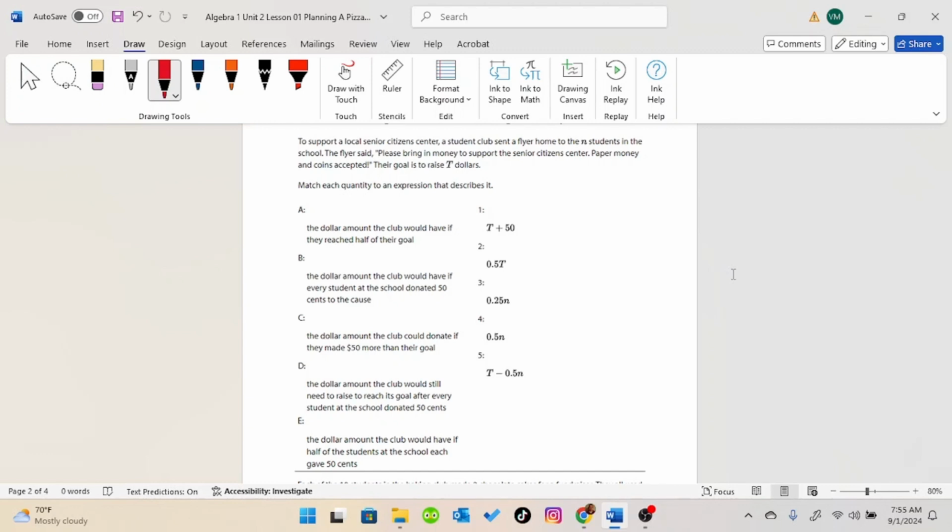So choice 1 says their goal plus 50. That would not be half their goal, so it's not A. 2 says they would take 0.5, which is equal to 1/2, and they're going to multiply it by T, which is their goal. So A matches 2.